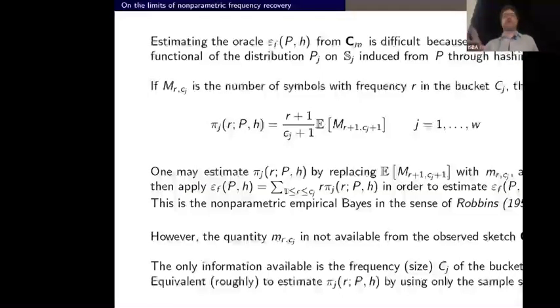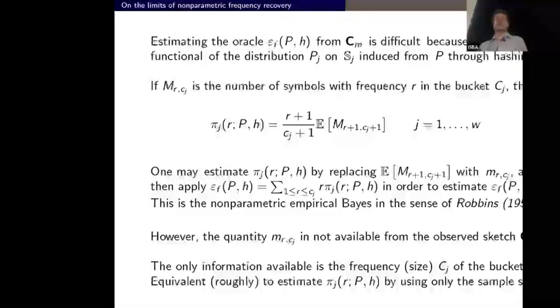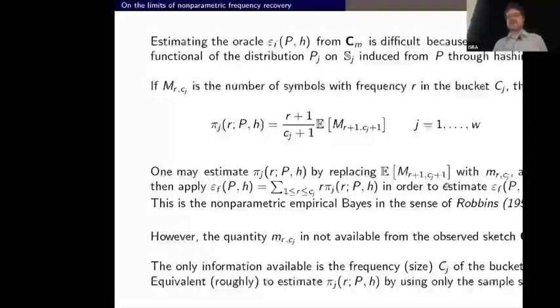And then the typical non-parametric approach to construct the estimator for this object is to replace this expected value with the empirical quantity. But we don't have the empirical quantity because the only information that we have within the bucket is how many individuals are in the bucket. We don't have any information about the configuration. We cannot observe that. So we cannot construct a non-parametric estimator in the classical way, like in the way of Robbins, non-parametric empirical Bayes.